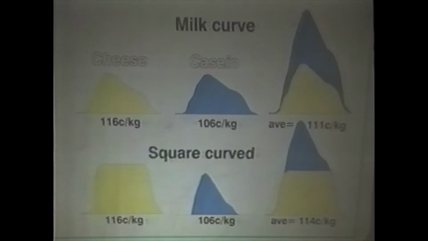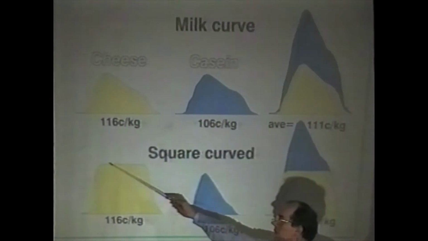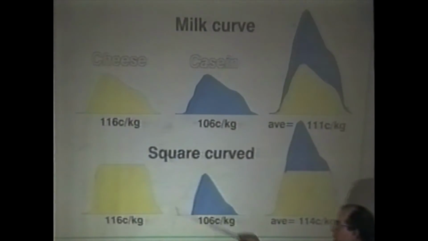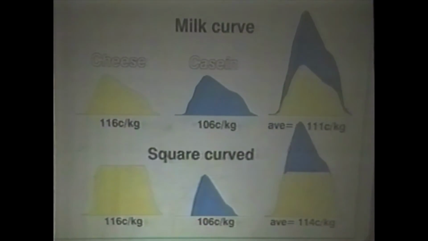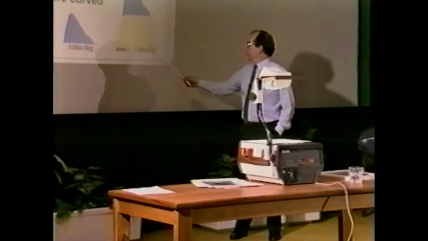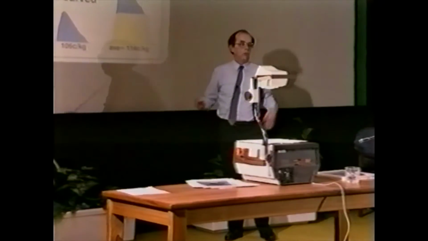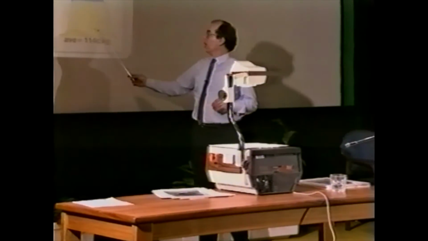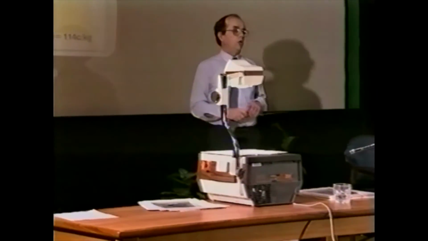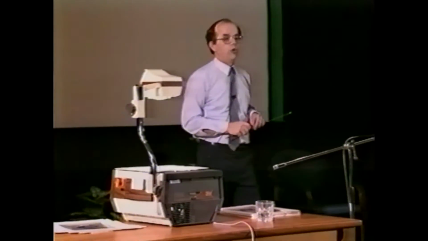But if they've got both factories on the one site, they can fill up the cheese plant as quickly as possible, keep it full, and then close it, fill up the casein plant as late as it has to be opened, close it as quickly as possible, and run out the season back on the cheese plant. And the earnings for the company on their farmer's milk is then higher than it would be if they had just followed the milk curve.